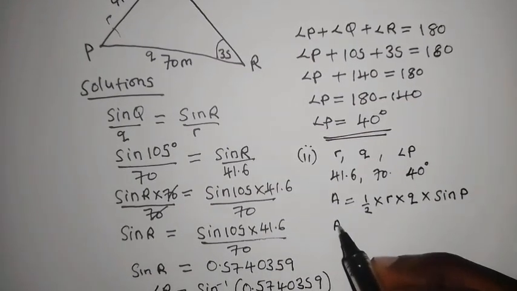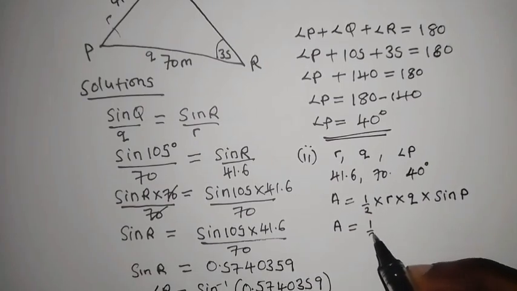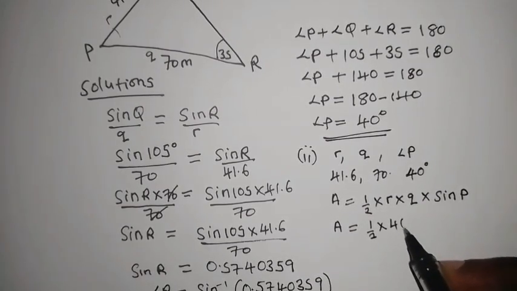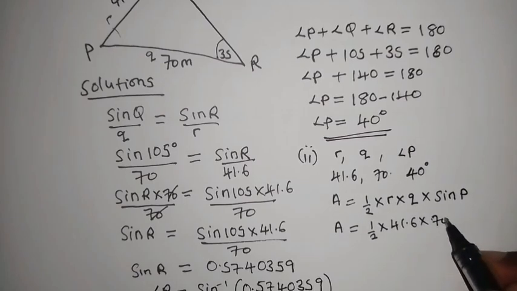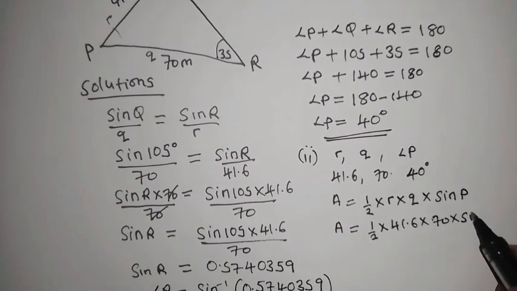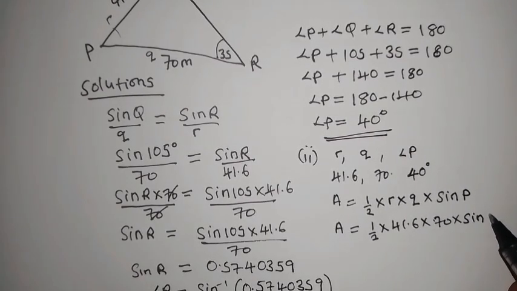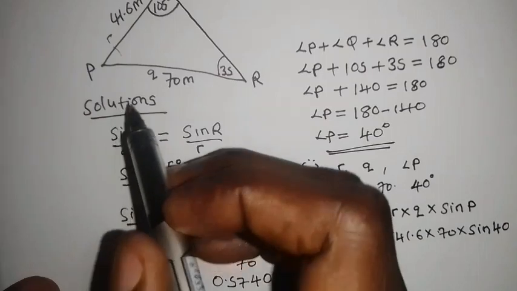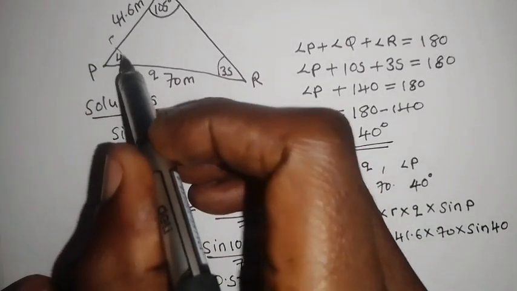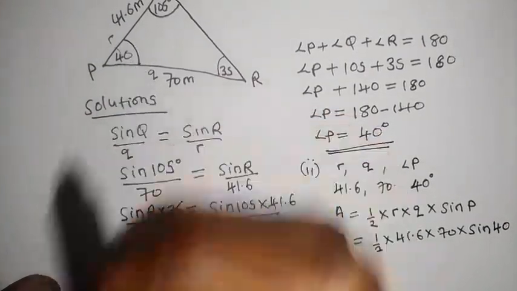Now we know that A will be equal to 41.6 multiplied by 70 multiplied by sine 40. Remember, we have found P to be 40, so at this point we have 40 there.